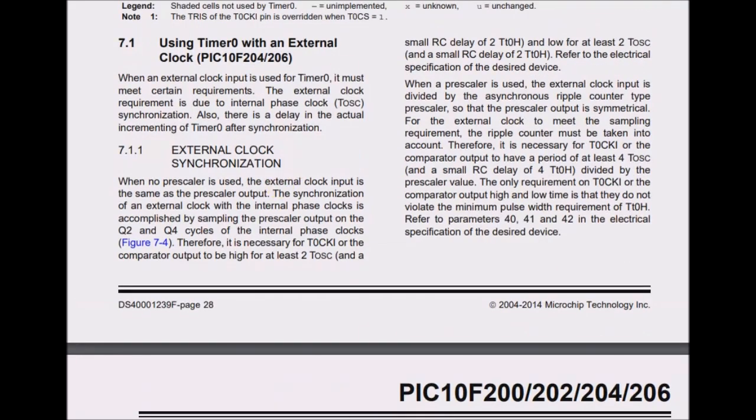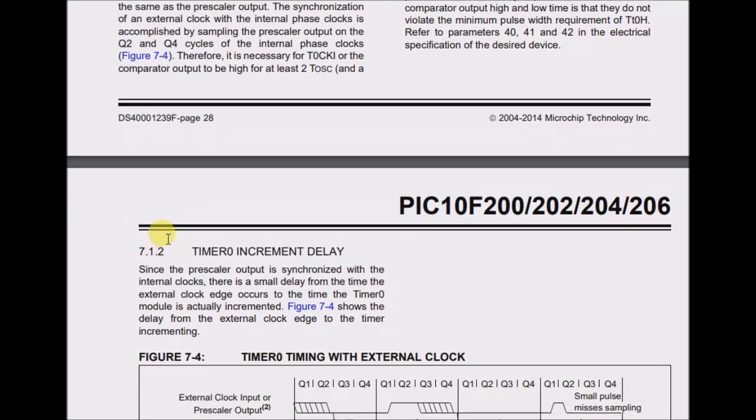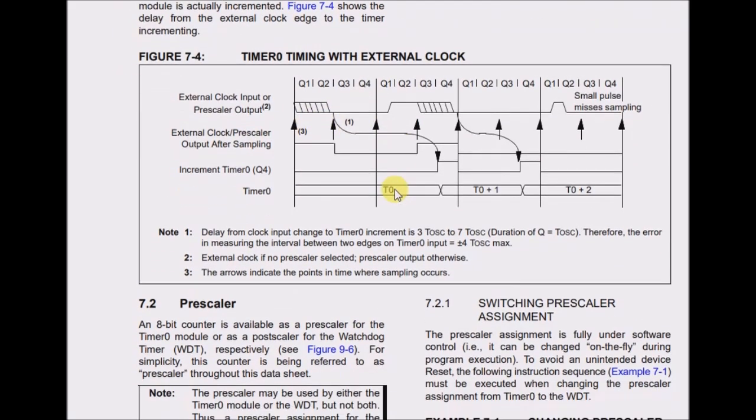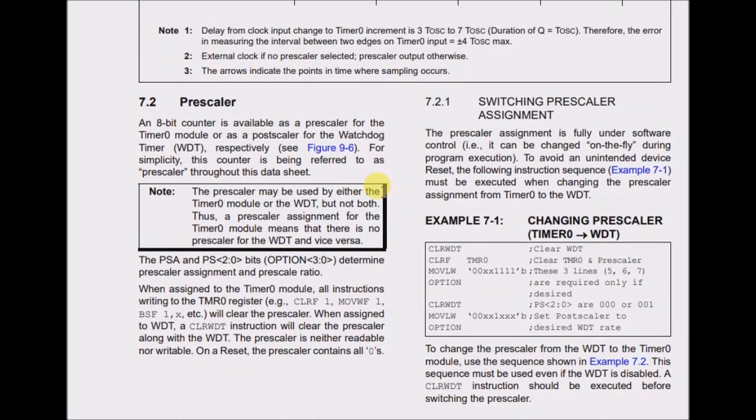So I'm thinking that this 7.1 applies to these chips. This is a main heading and this is like a subheading. So we can go from here, skip past this, and then the next topic is the prescaler.